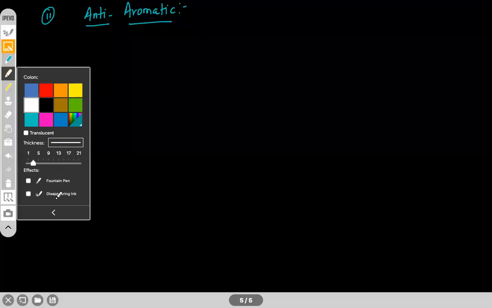Next type of compound we have, the second one, is the anti-aromatic compound. What is the condition for this? You just need to know the conditions and check for the given molecule. The first condition is cyclic.